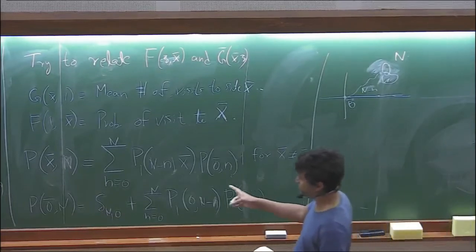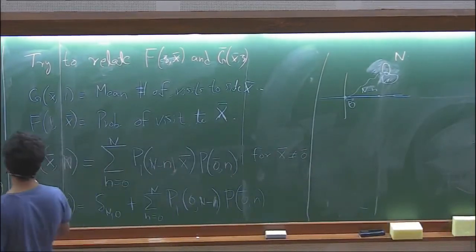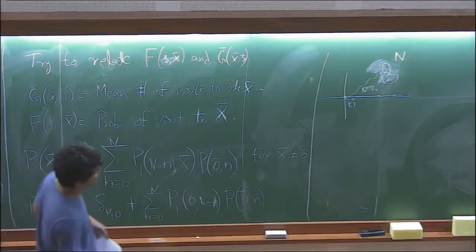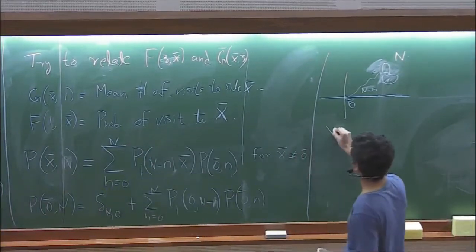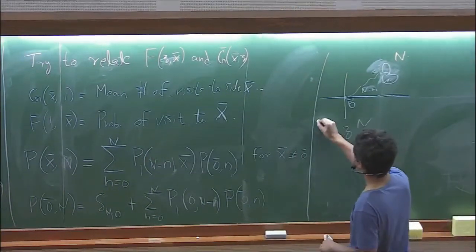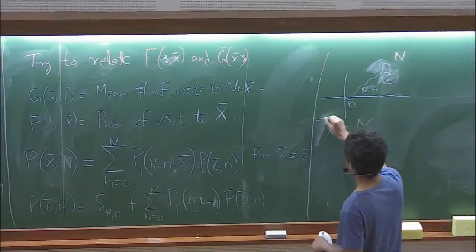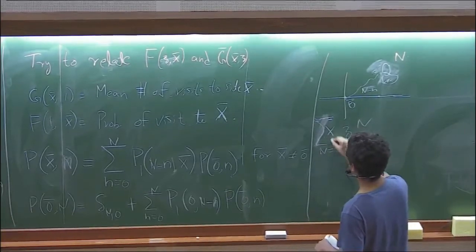Okay, so now we do the same business: multiply by z to the power n and sum over n equal to 0 to infinity.